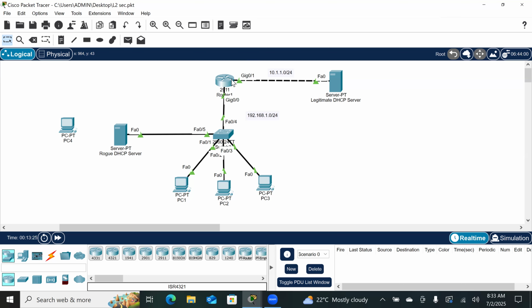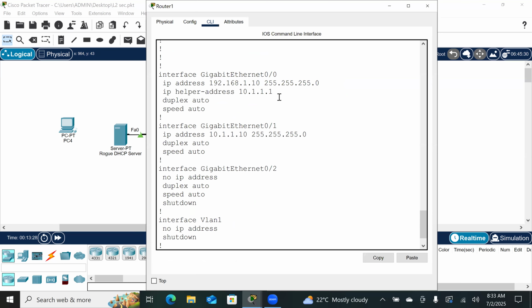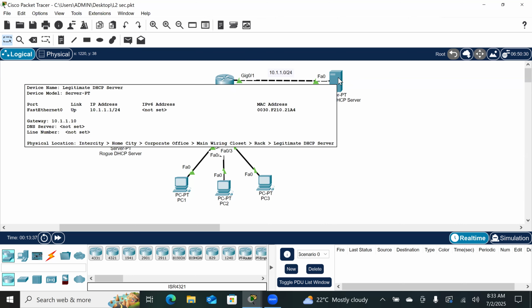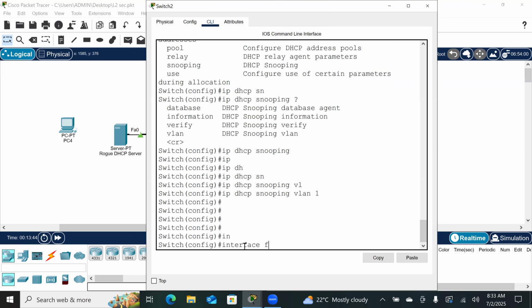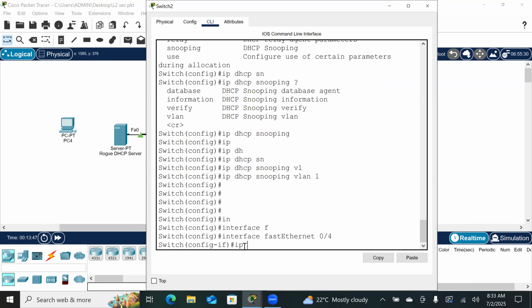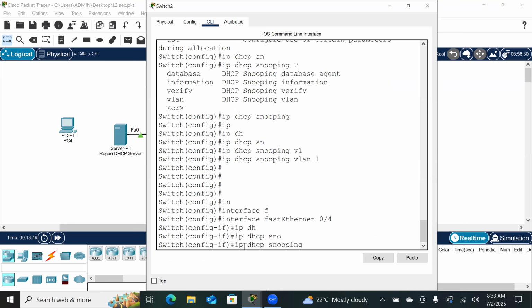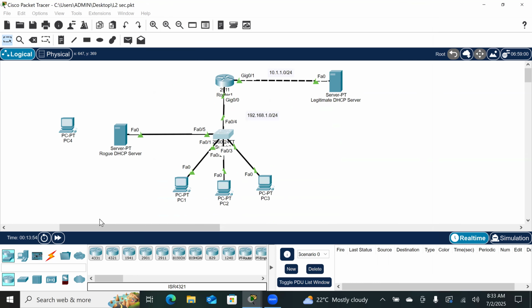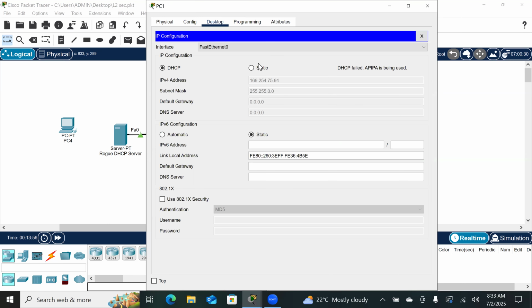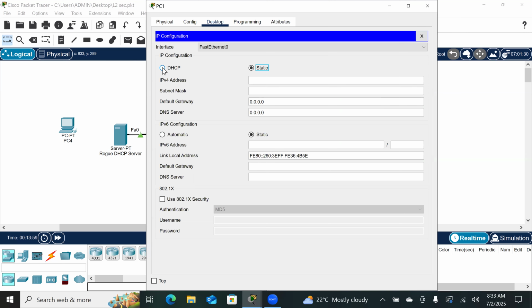I have already done it: on G0/0 the IP helper address is enabled with 10.1.1.1. Now go to this switch, interface FastEthernet 0/4, and say ip dhcp snooping trust, to make it a trusted port. That's it. Now let's go and check from where it's going to take the IP addresses.